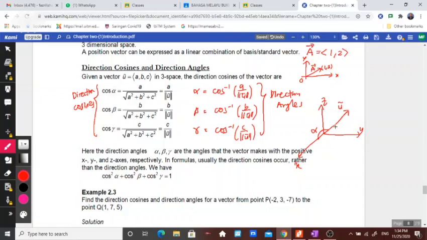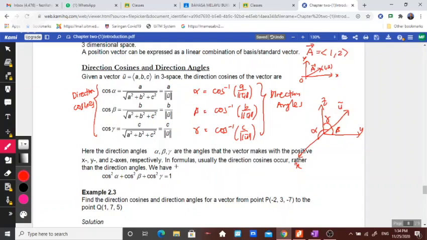Then beta is from the line u to the y-axis, and gamma is the angle between vector u and the z-axis. So this is the meaning of the direction angles.